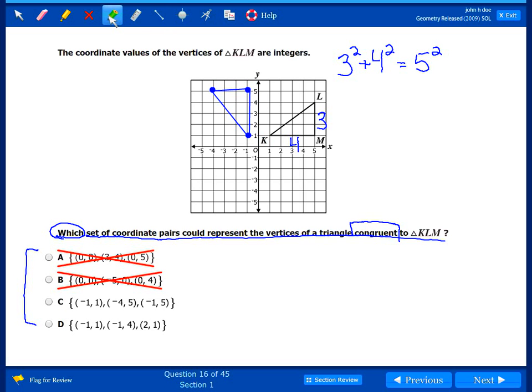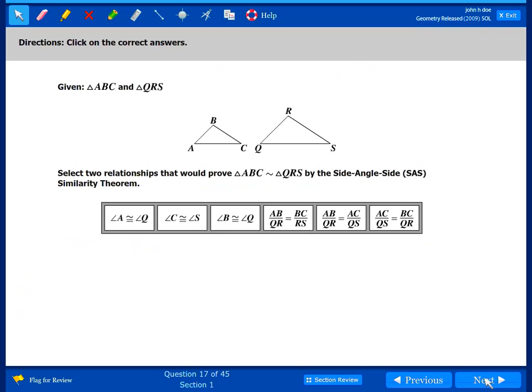So we can count those. This side here is going to be 3. This one here is 4. And our last side is going to be 5. So we see that we have congruent triangles. This would be by side, side, side. We have 3 pairs of congruent lengths. That's good enough to say they're congruent. So C is the right answer for this one.